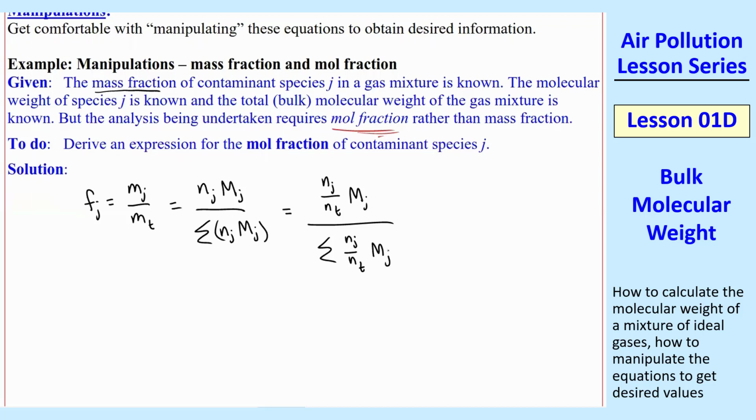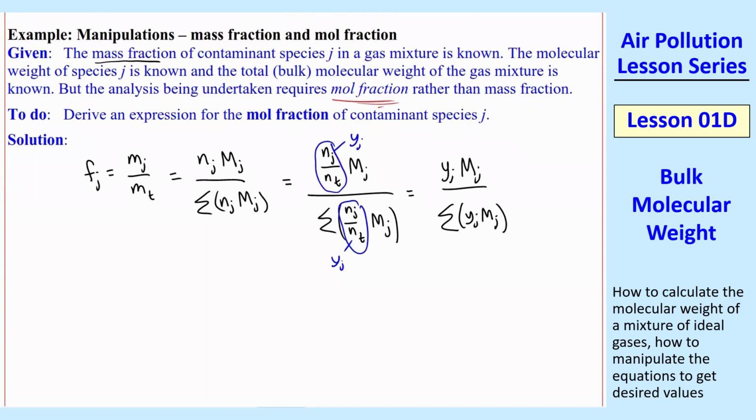And notice that I could put Nt inside the sigma since it's a constant, so I didn't have to put that outside the sigma. And now I recognize this grouping is Yj, and so is this. So this gives us Yj Mj over sigma Yj Mj, and we just derived an expression for Mt, and it was exactly what I have on the bottom here.